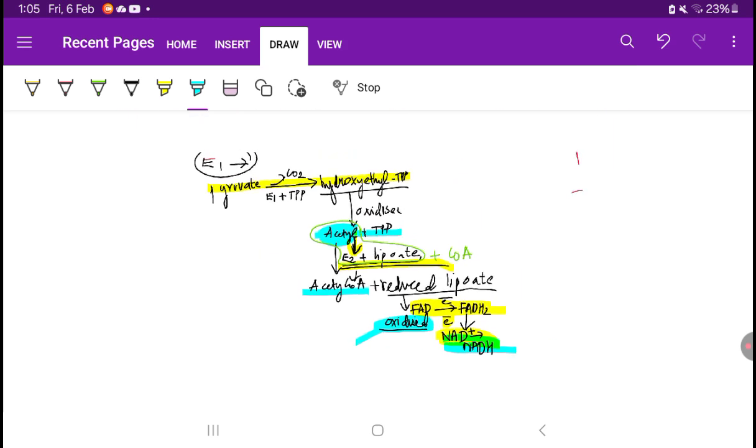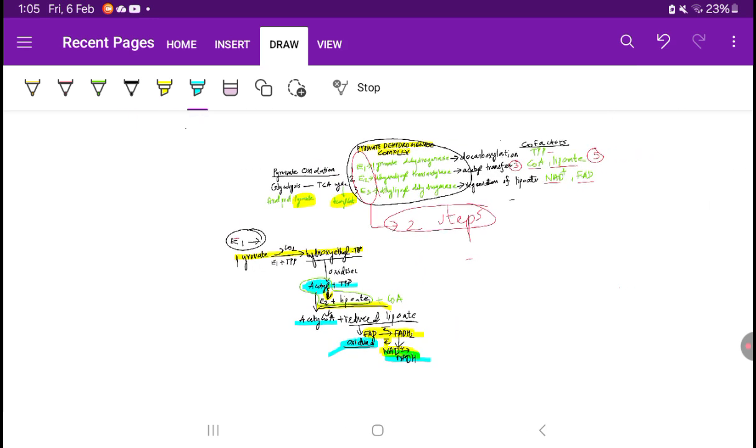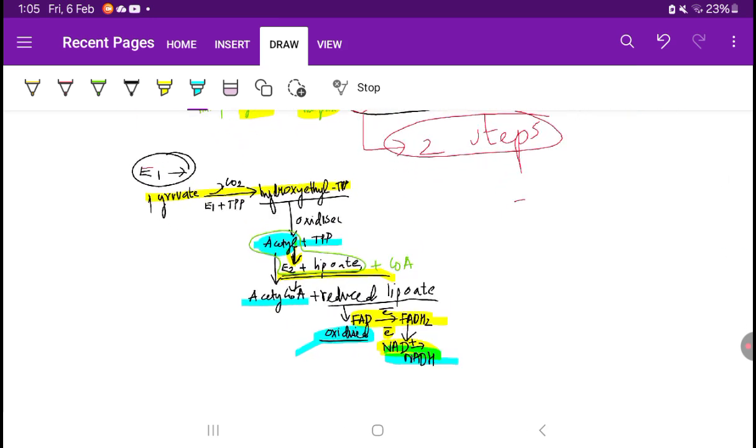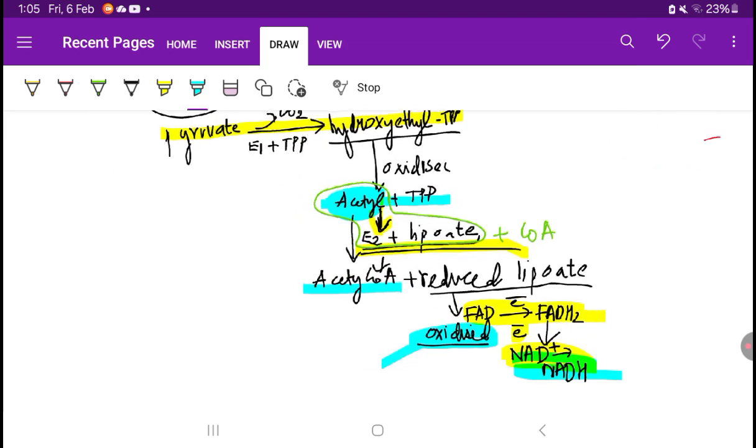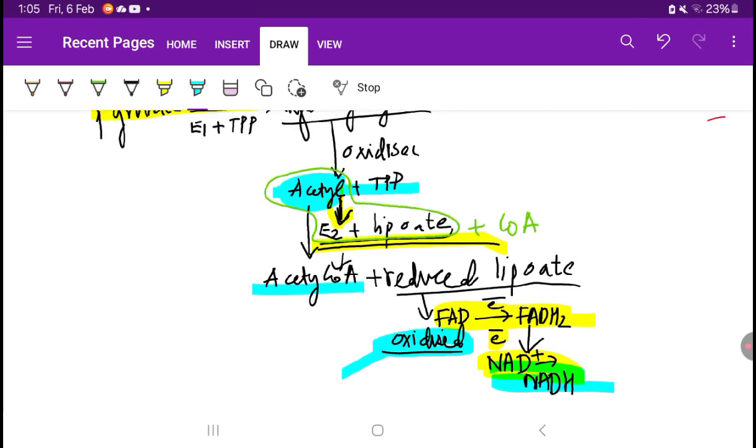So these are the processes in the pyruvate dehydrogenase complex.